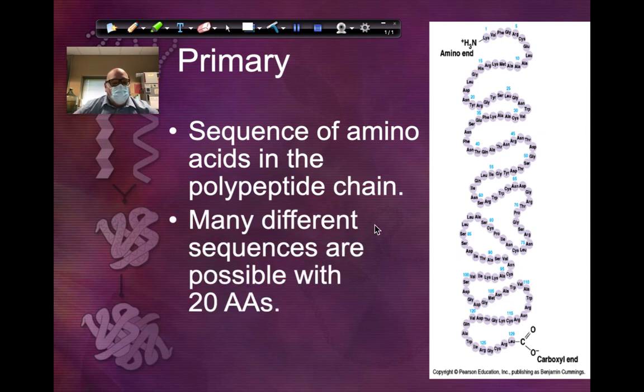So with 20 amino acids, you can make thousands of different combinations. Actually, it's probably in the high millions or even higher. When you put thousands of these together, you have a lot of variation in what you can get done. One thing to pay attention to: it has an amino end and it still has a carboxyl end.